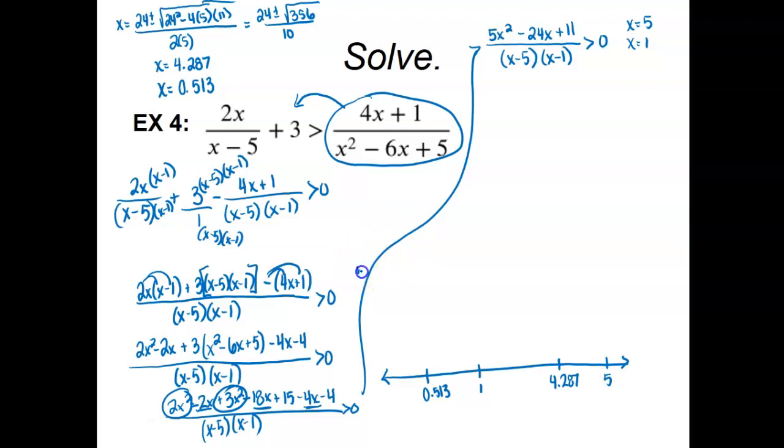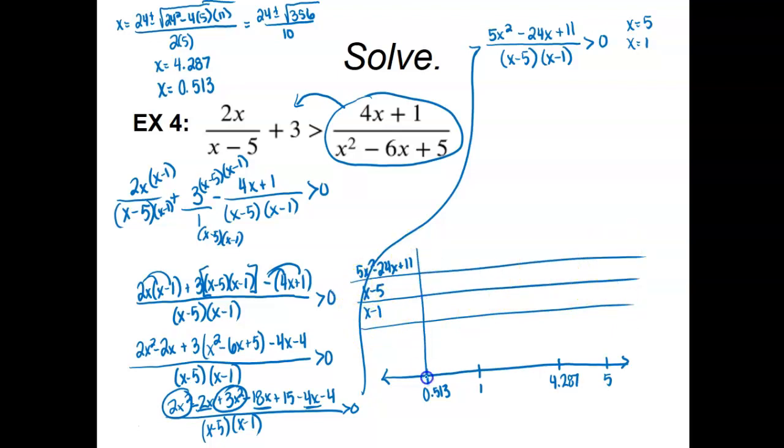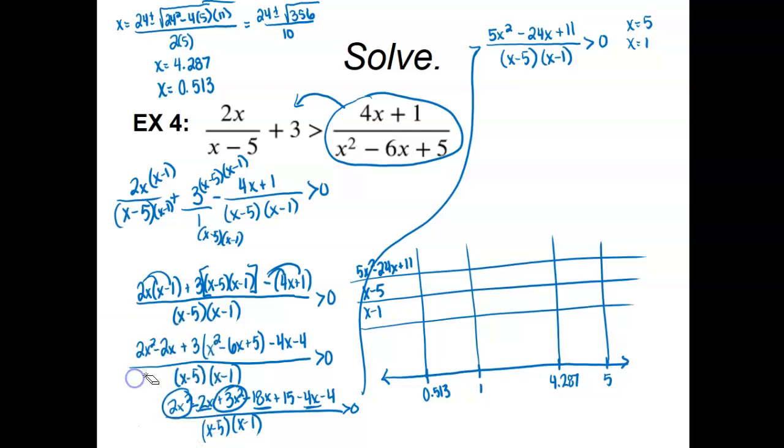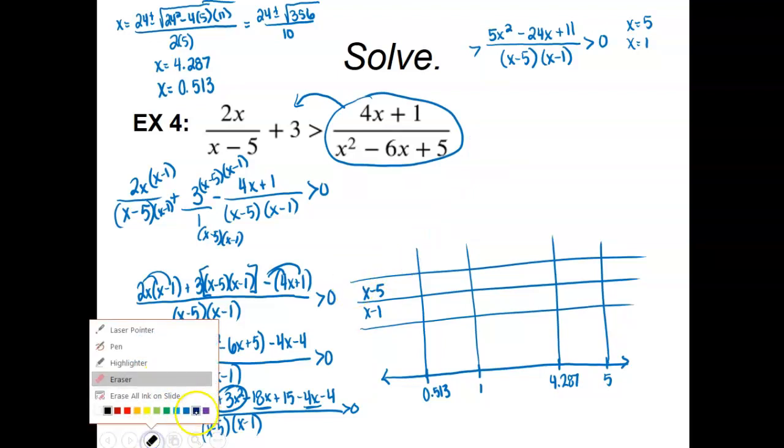We are going to have to do 5x squared minus 24x plus 11 as one of our terms, and then we'll have x minus 5 and x minus 1. Let me slide this over a little bit so I've got some room.